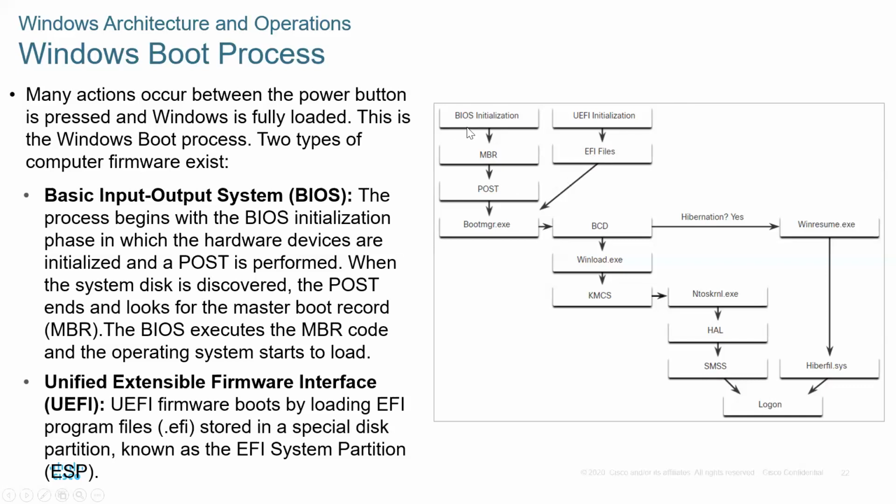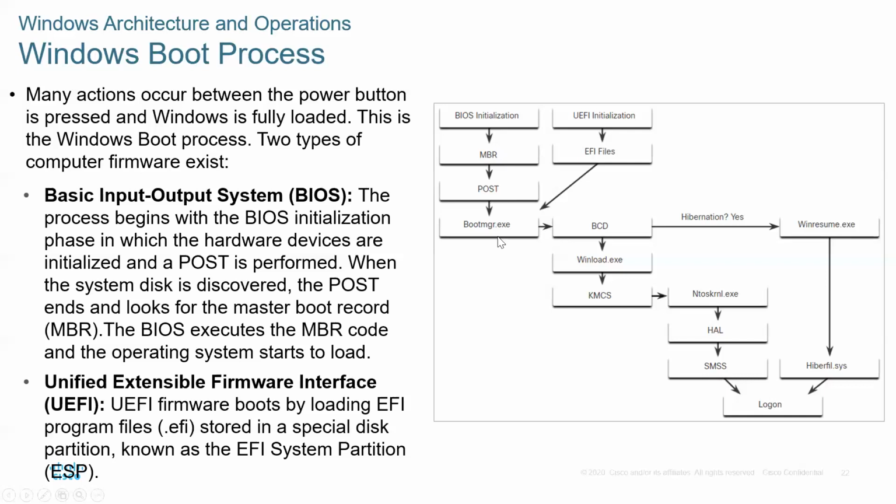Over here, your motherboard basically boots with a BIOS, and it loads those to an MBR, which is stored on your data storage of whatever type. So whether it's a solid state or a spinning drive, it goes through POST, which checks to make sure all the hardware is up and running and compatible.